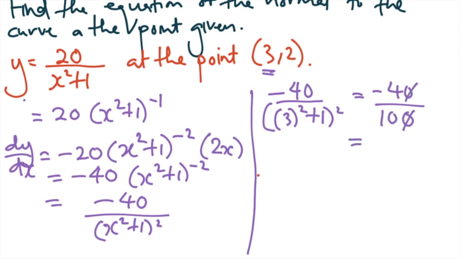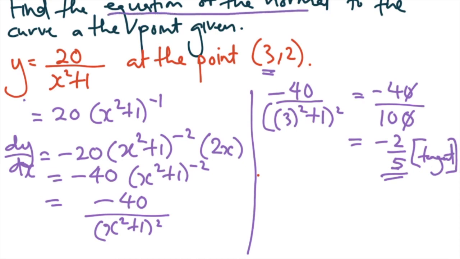That will give me -6 over 5. This is the tangent gradient. But the question requires us to find the equation of the normal.